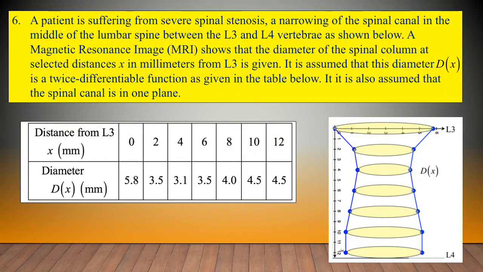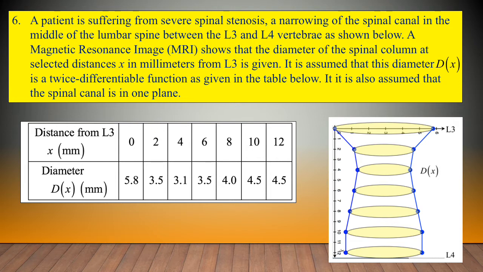Question 6 reads: a patient is suffering from severe spinal stenosis, a narrowing of the spinal canal in the middle of the lumbar spine between the L3 and L4 vertebrae as shown below. A magnetic resonance image, an MRI, shows that the diameter of the spinal column at selected distances x in millimeters from L3 is given.